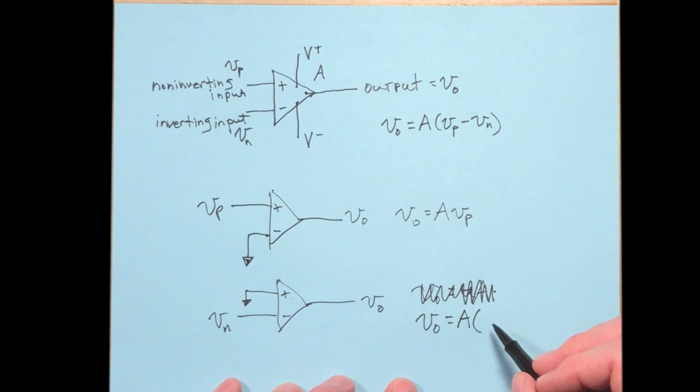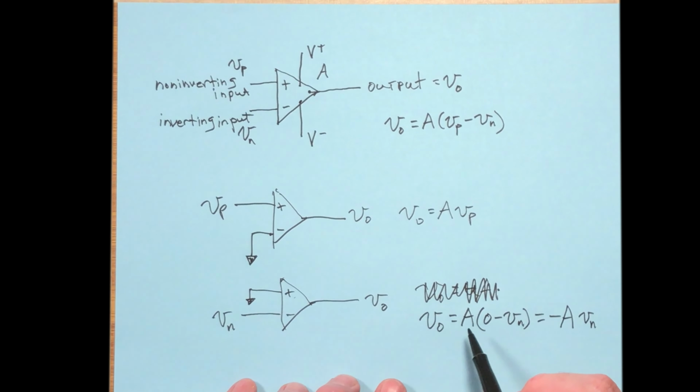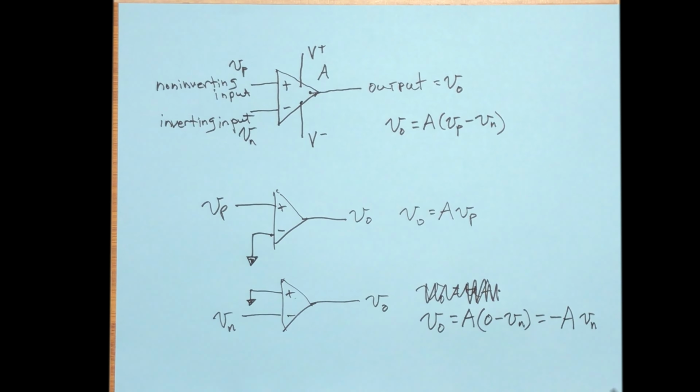But Vp is 0, so 0 minus Vn, and the answer is minus A Vn. So the output is inverted. That negative sign means that it's inverted. So if we have a positive value for Vn, we'll get a negative value on the output. If we have a negative value for Vn, then we'll get a positive value on the output.